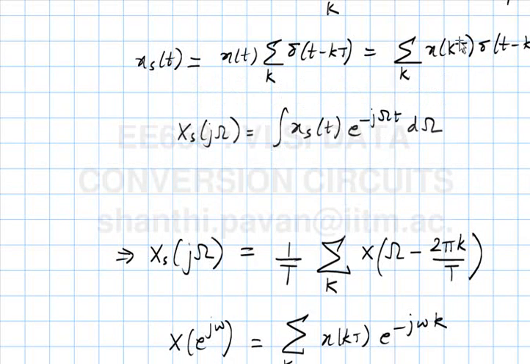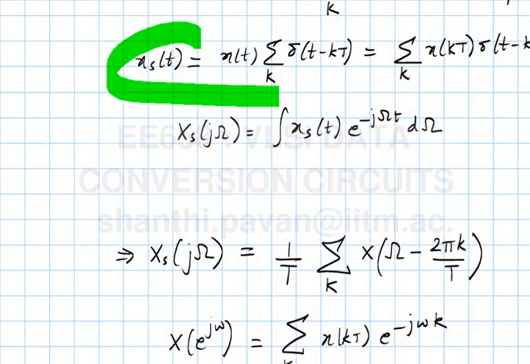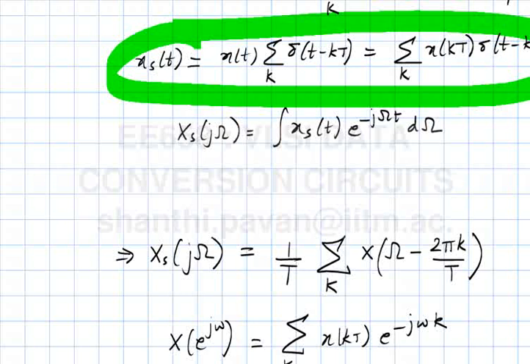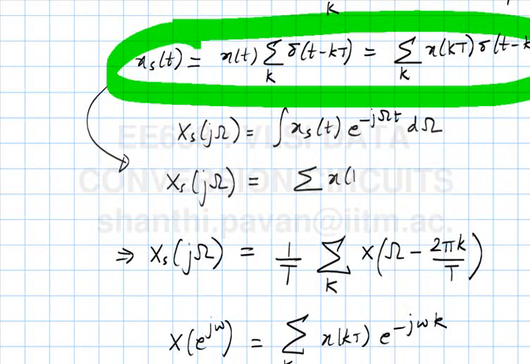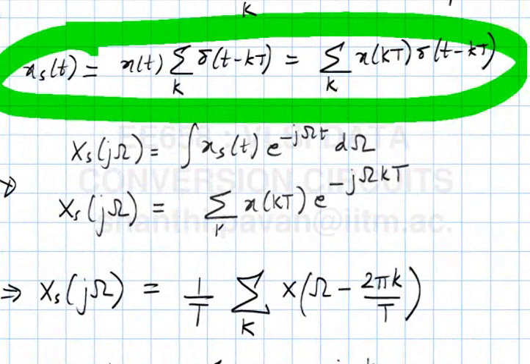If you take the Fourier transform of this on both sides, what would you get? Xs of j omega is nothing but the sum of x of kT e to the minus j omega kT. Correct?